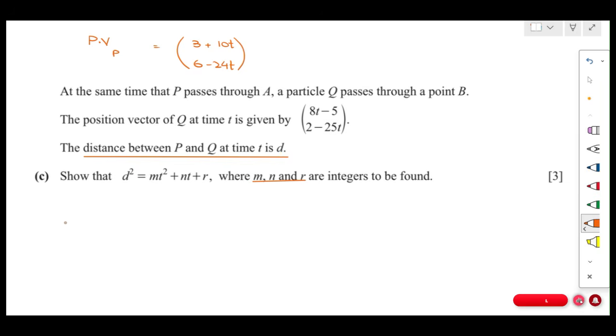Okay, so d is basically the position vector of particle P minus the position vector of the particle Q. Position vector of P is (3 plus 10t, 6 minus 24t). Subtract Q, which is (8t minus 5, 2 minus 25t).